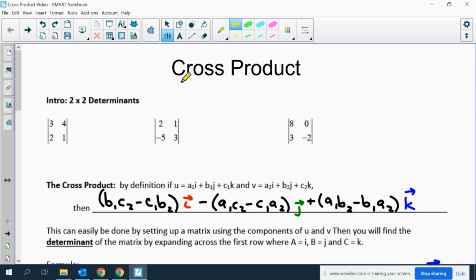This video is about finding the cross product of 3x3 vectors. But in order to understand that, the first thing we're going to do is talk about the determinant of a 2x2 matrix.